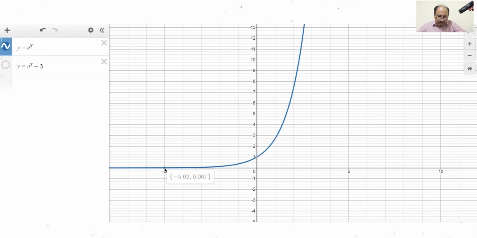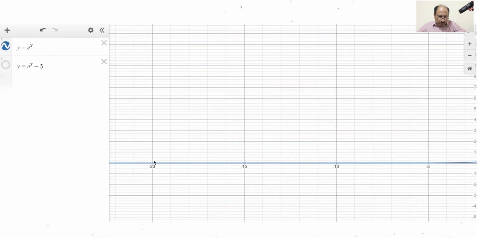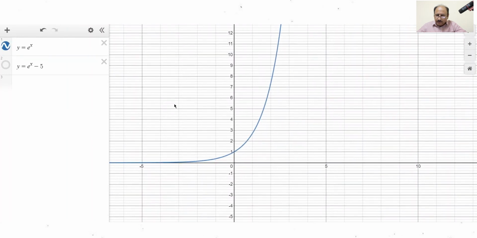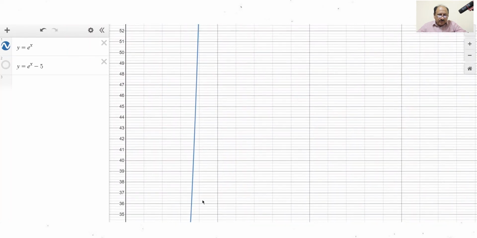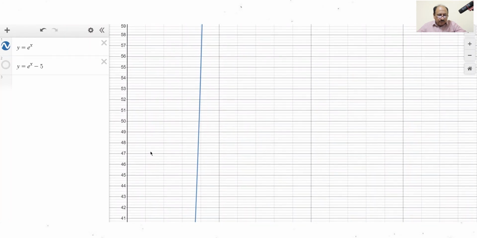This point you can see, the x value is 0 and the y value is 1. So wherever you go, you will be getting an asymptote, so it will not be crossing the x-axis. And this side is going up to infinity, y is going upward.